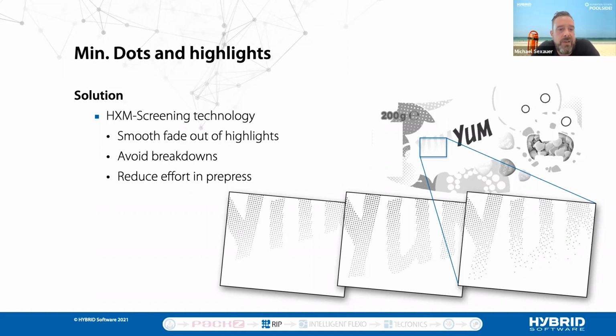So the cross-modulated screening particularly reproduces highlight areas at a definable dot size by a controlled distribution of screen dots. This allows highlights to fade out smoothly without the need of a curve-based adjustment, so you can skip all the steps which we had before. This standardizes the process and allows consistent quality in the highlights while gaining more efficiency in the process.